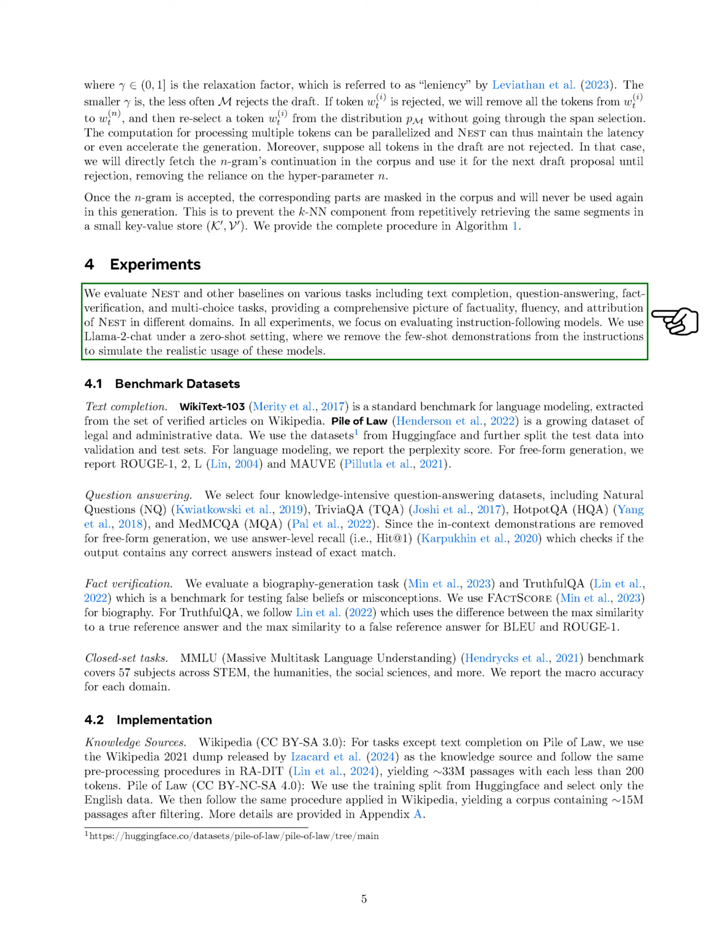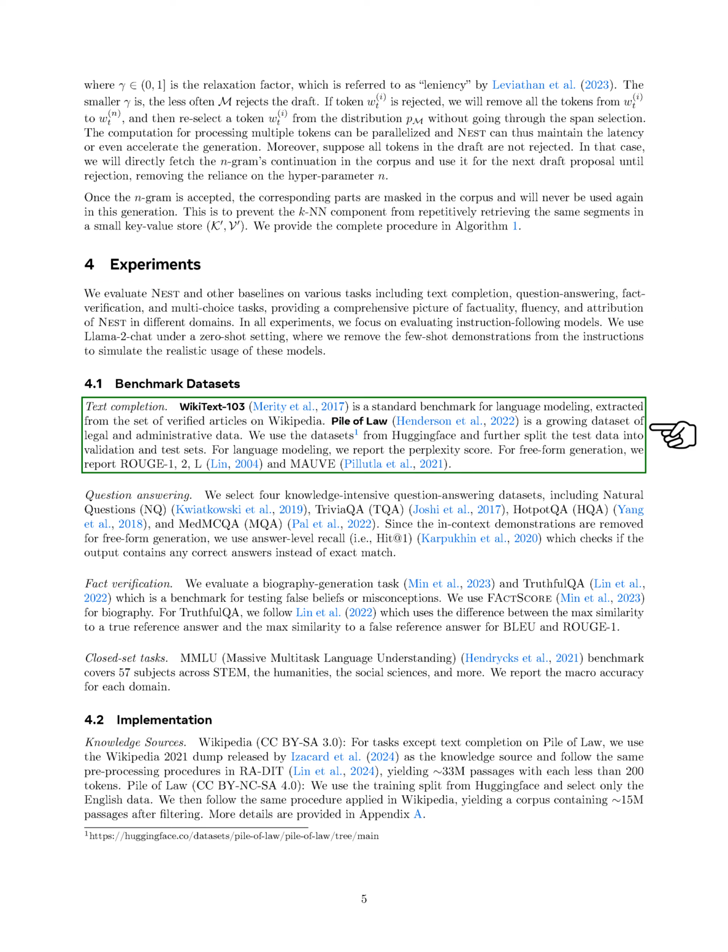We use Llama 2 Chat in a zero-shot setting, where we exclude the few-shot demonstrations from the instructions to mimic real-world model usage. For text completion, we utilize benchmark datasets like Wikitext 103, which consists of verified Wikipedia articles, and Pile of Law, a dataset of legal and administrative data. We split the test data into validation and test sets.